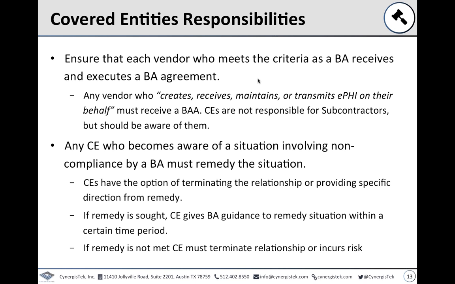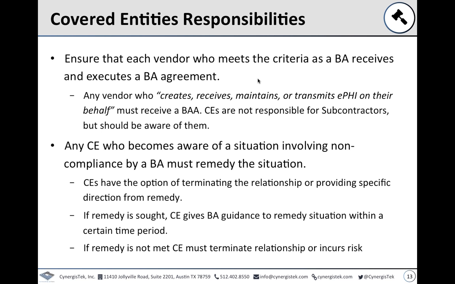And every BA is responsible for obtaining the BA agreement with any subcontractor or vendor or contractor that they use to carry out a function or activity that involves the PHI.